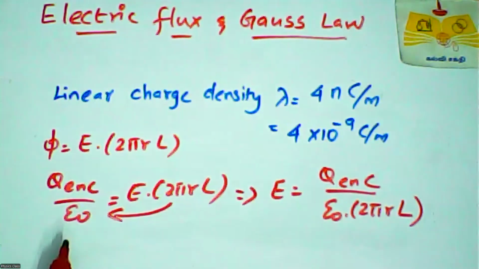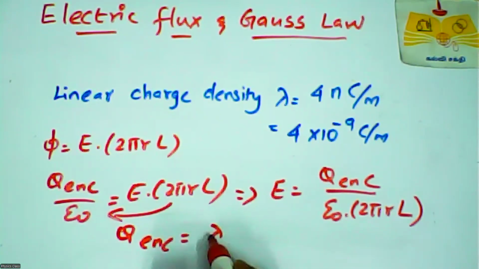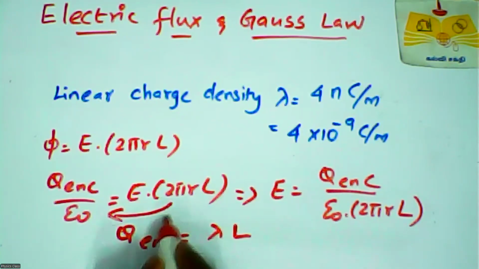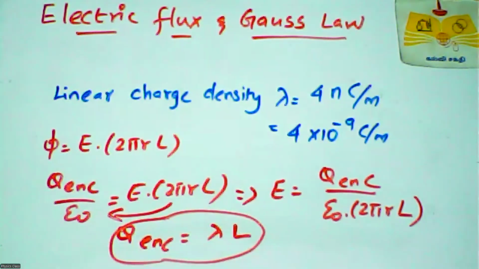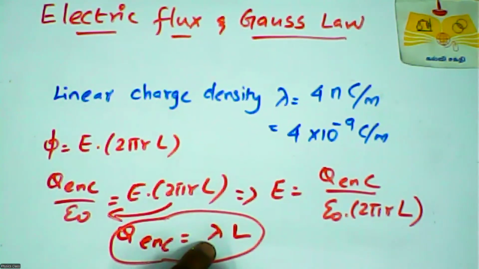So the enclosed charge, Q enclosed, equals charge density into L. This is the formula relating the enclosed charge and charge density: Q enclosed equals lambda into L. We don't have a Q enclosed here, but we have only the linear charge density. So lambda is there, and L is there.